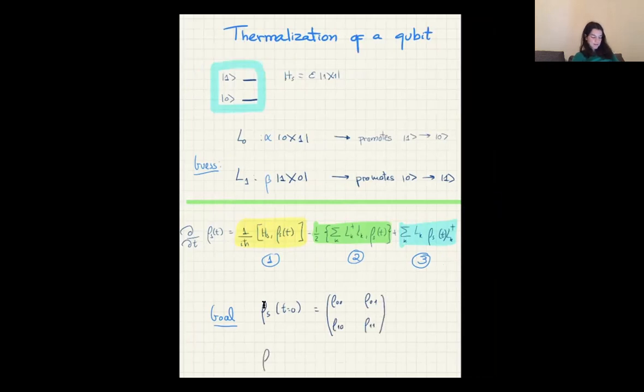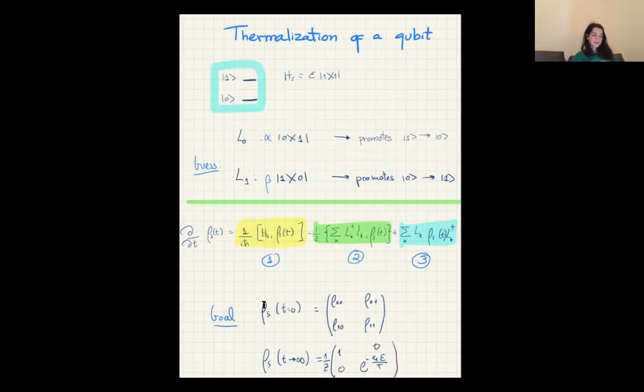But when time goes to infinity, I wanted to thermalize to the thermal state, which is 1 over Z, e to the minus this constant, the Boltzmann constant, kB. Epsilon is the energy gap divided by the temperature, right?